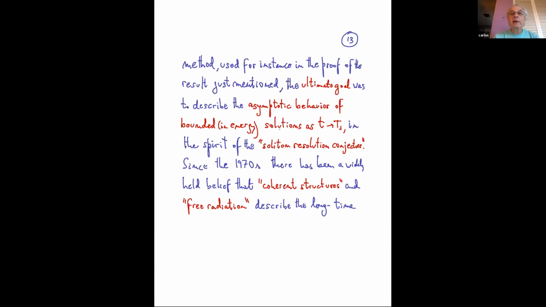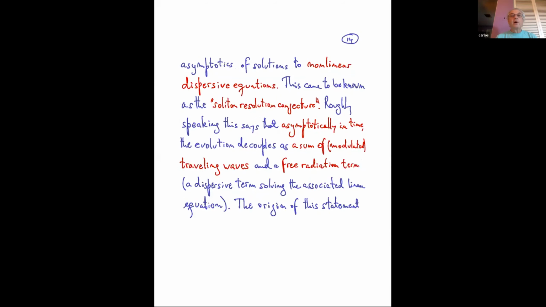So now let me give you some brief background on the Soliton resolution conjecture. Since the 1970s, there has been a widely held belief that coherent structures and free radiation describe the long-time asymptotic behavior of solutions to nonlinear dispersive equations.